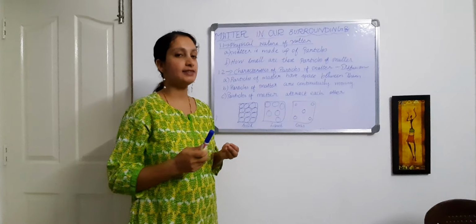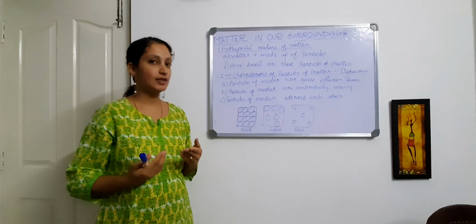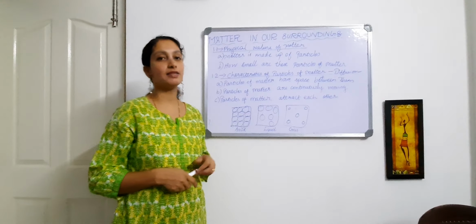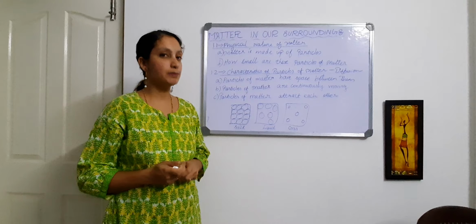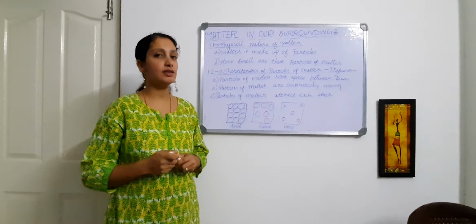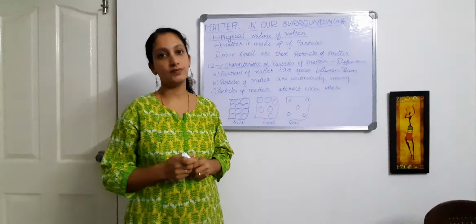So we have seen what are the particles making the matter: molecules, then atoms, then subatomic particles like neutrons, protons and electrons. The space between these particles is occupied, right?